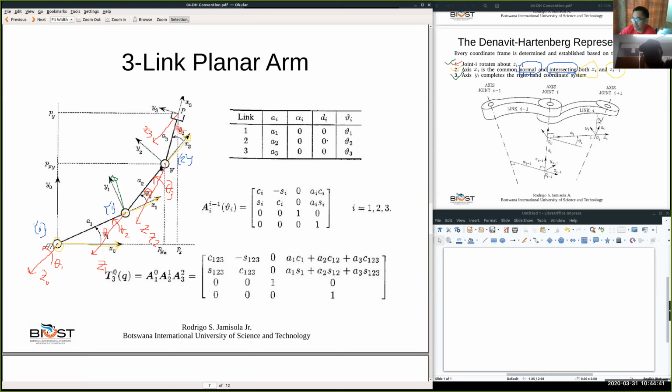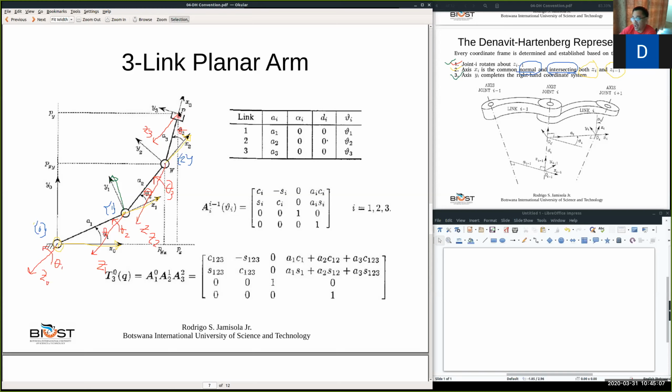And so now, because Z2 was coming out of the paper, Z3 can be coming out of the paper. And the origin is at the tip of the hand, because that is where the frame of interest is. That is where we manipulate things when we attach to the hand. And so we identify the origin of the end effector to be somewhere here at the tip of the hand. What about the x?